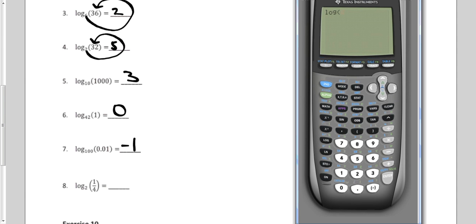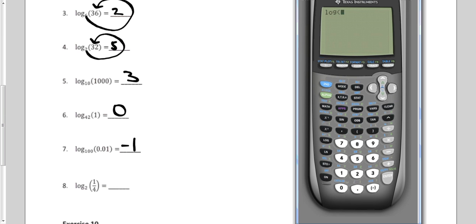Log on the calculator is always base 10. So I'm going to ask, what power of 10 gets me 12 and a half? So 10 to what power gets me 12 and a half?